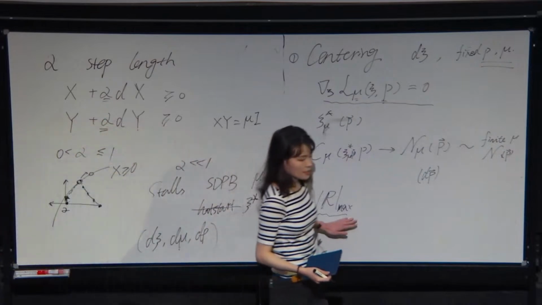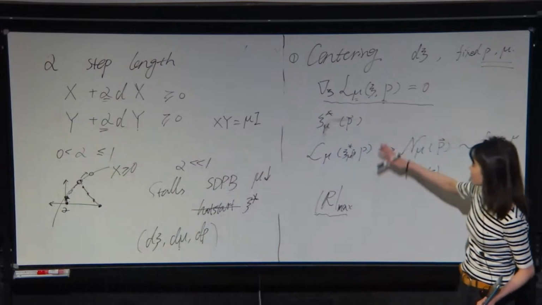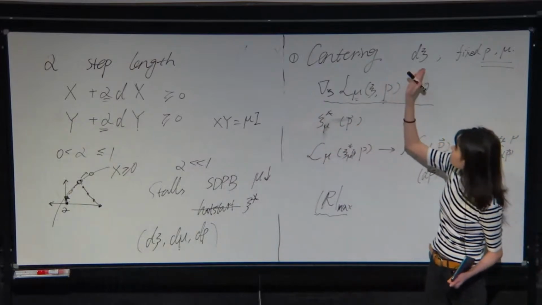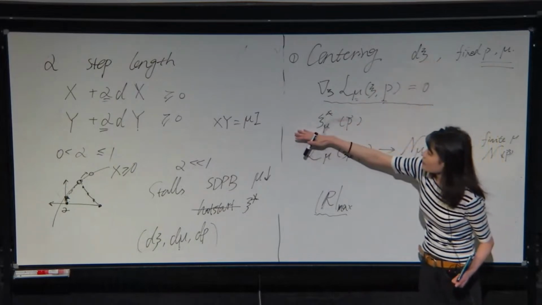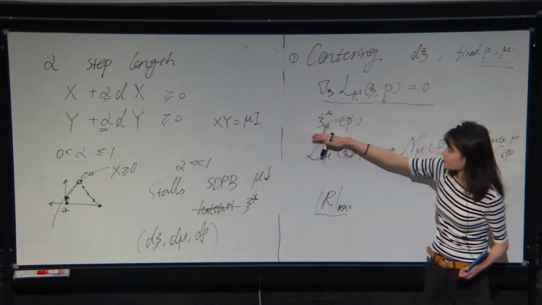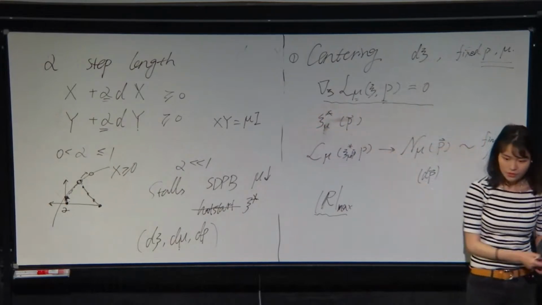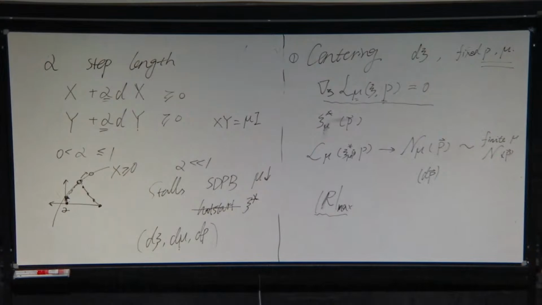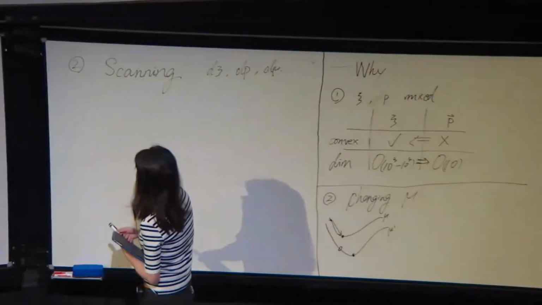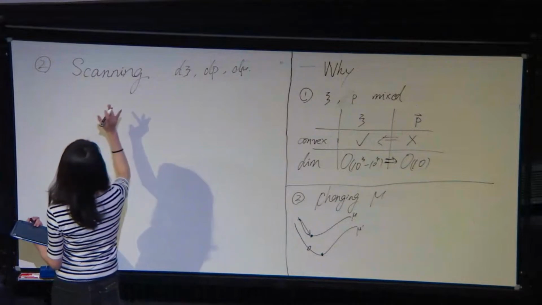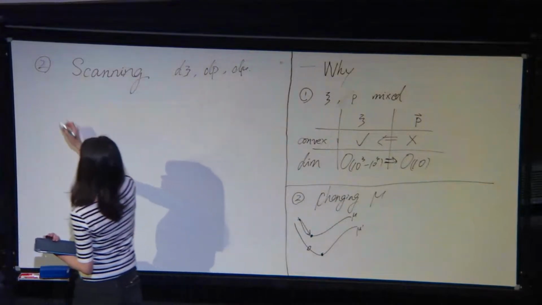So as the error becomes small enough, then we can confidently say our state in C has converged closely enough to the optimal solution. Okay, so that's a centering step that helps us to fix some issues. And next, now we can forget about C for a while, and we focus on P and mu.